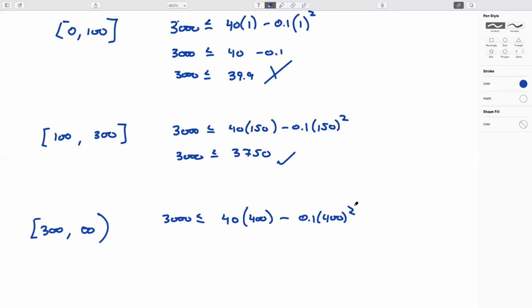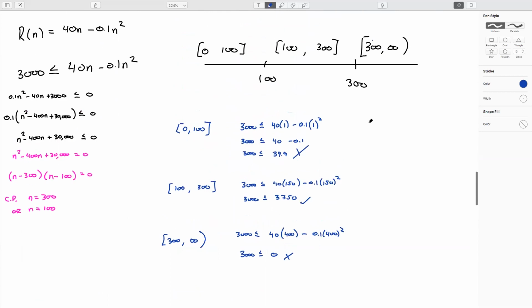Put that in a calculator. And I get 0. That is not true. So this is not part of our solution set.